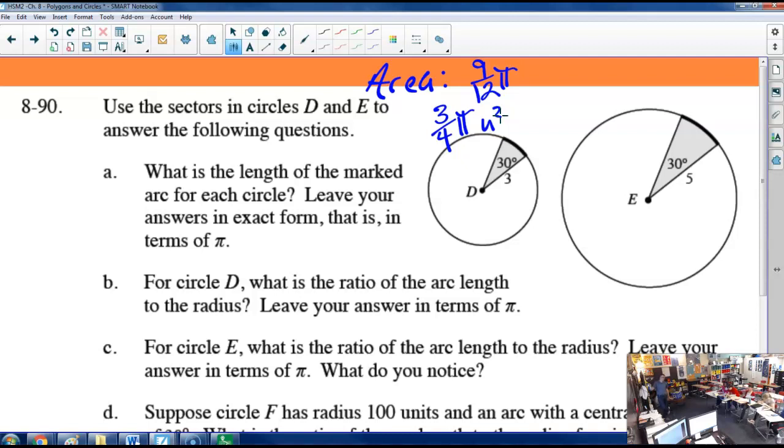But the area over here would have been 25 pi, and a 12th of that is 25/12 pi. So we went from not even a pi, or 3/4 of a pi, to greater than 2 pi.